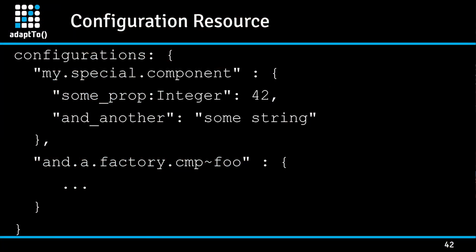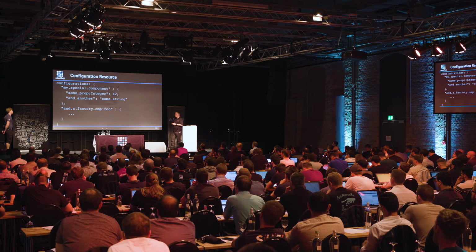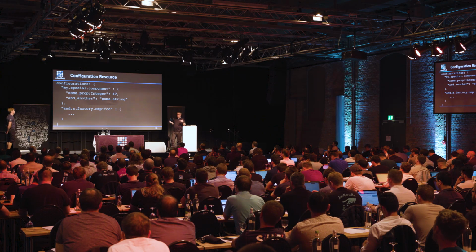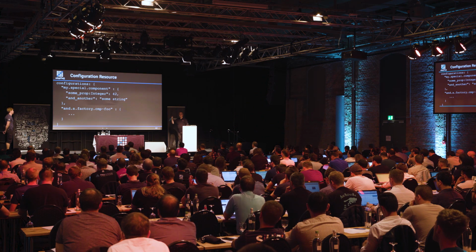So for each configuration you use the PID, or the factory PID, as a key, and within that JSON object you specify the properties. And this format is now finally specified, and various tools can use the same format. Makes things much nicer. And we also use this format now in what we call the Sling feature model.